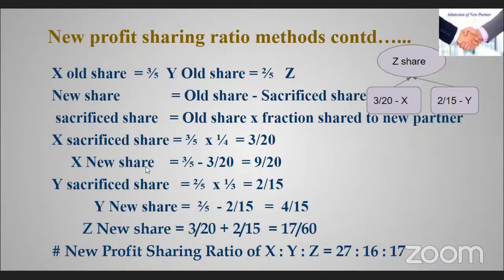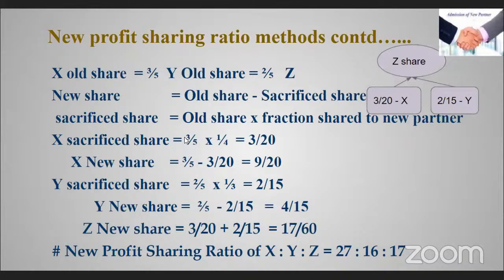Now, X's new share. How do you get X's new share? Old share minus sacrificed share. So the old share is 3/5 and the share sacrificed is 3/20. So 3/5 minus 3/20. When you are subtracting, you need to do the LCM. I'll repeat once again.